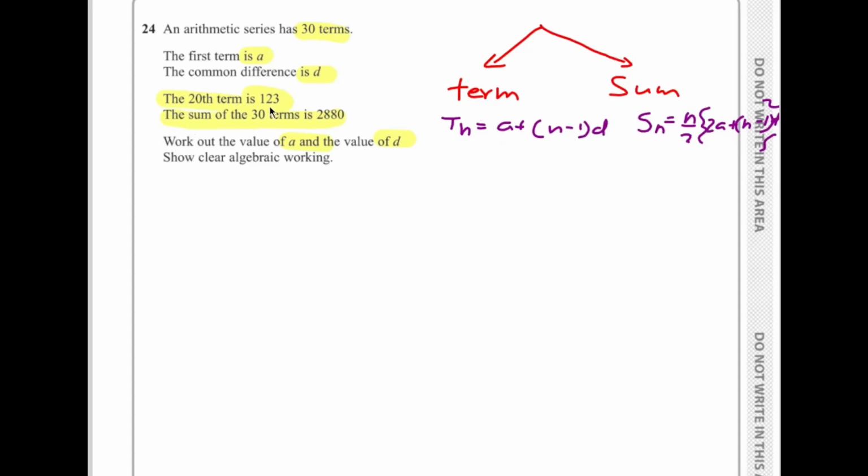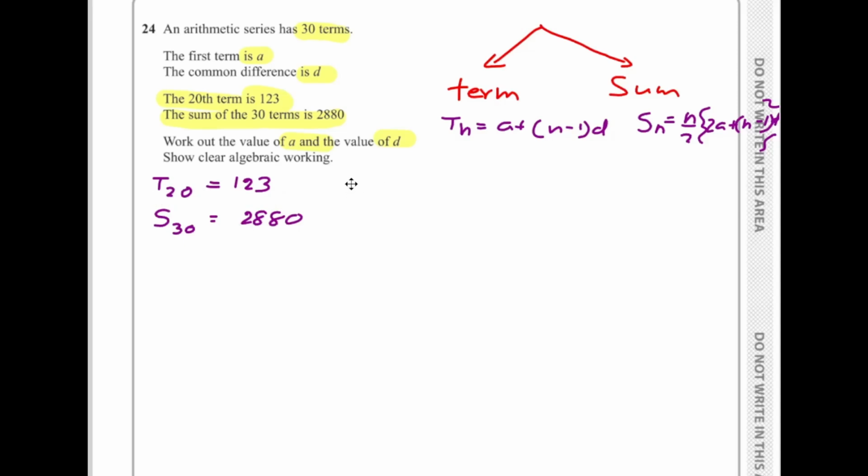The 20th term is 123. The sum of the 30 terms is 2880. Let's form two equations using these two.